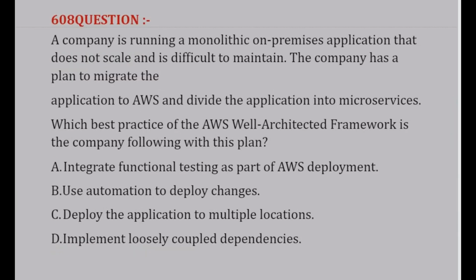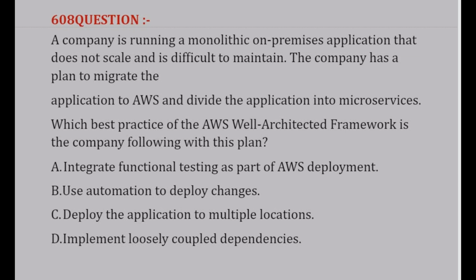Question is, a company is running a monolithic on-premises application that does not scale and is difficult to maintain. The company has a plan to migrate the application to AWS and divide the application into microservices. Which best practice of the AWS Well-Architected Framework is the company following with this plan?